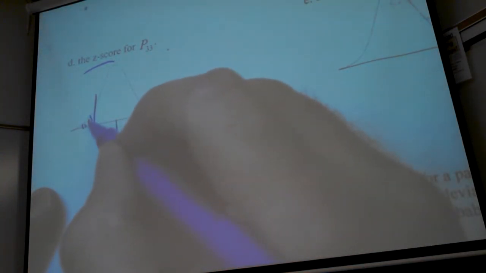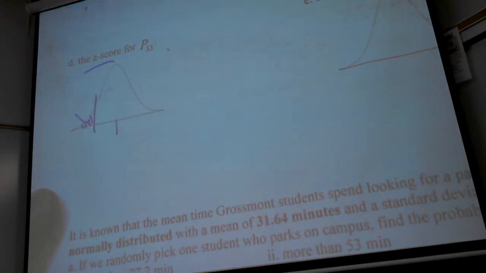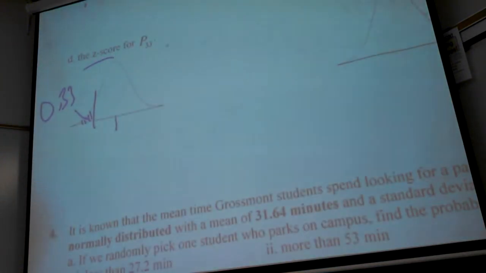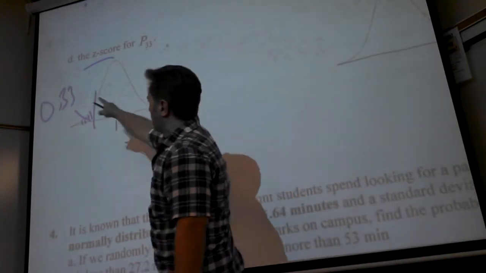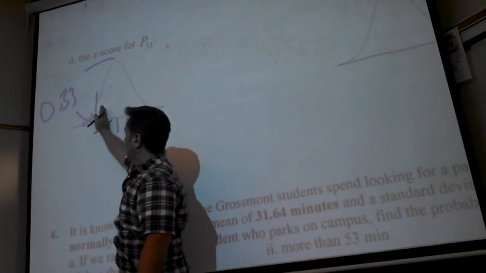And this, how much is that area? You know exactly. 33. So 0.33. Let me stop there for a second. So what do we put in the middle? Oh, the middle's the mean. So I was just trying to show you guys why it made sense to put this over there. Because if it was here, that's 50% below.